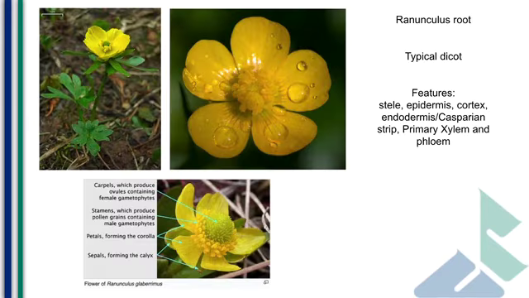So the first root, as outlined in the lab, is the root of the herbaceous plant, the ranunculus, or the buttercup. So here we have a couple of images of buttercups, trying to tie in some visible features that you might recognize. So we have a plant that is not woody, produces flowers.